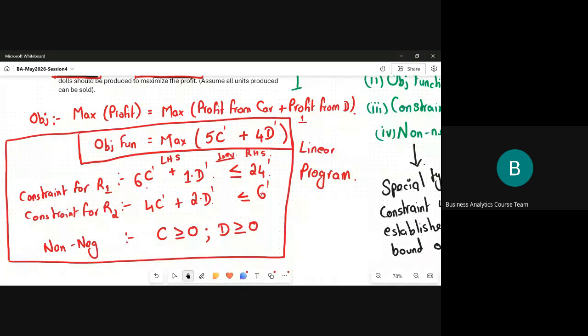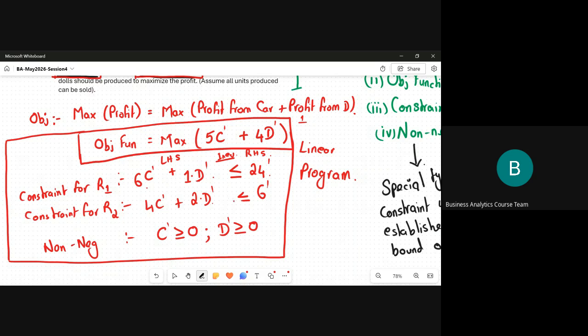Then non-negativity: C power 1 greater than or equal to 0, D power 1 greater than or equal to 0. So everything that you created has a linear relationship, and hence it is known as a linear program. Yes, no? Super.